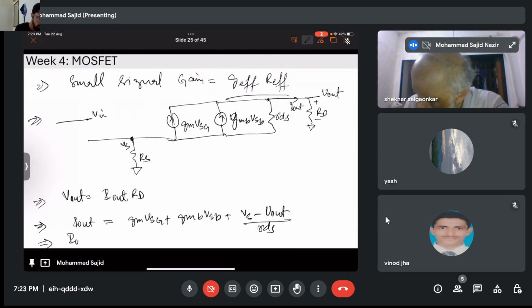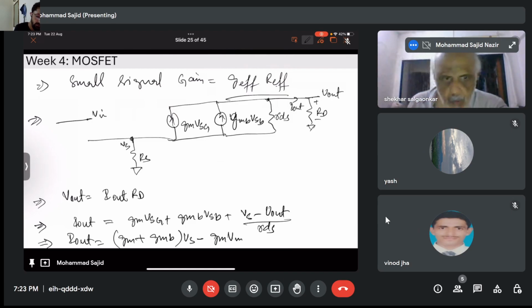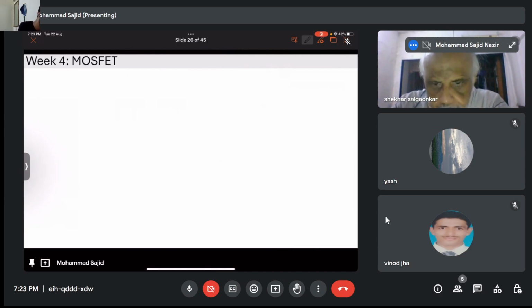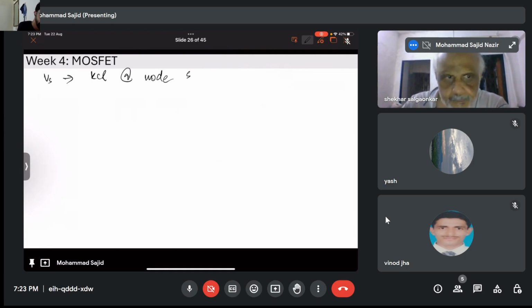Okay, so your I output is Gm Vs plus Gmb Vs. I'm skipping the steps, so this will be Vs minus Gm V in plus Vs by Rds minus V output by Rds. So what is the next step? To calculate Vs, right? KCL at node S.